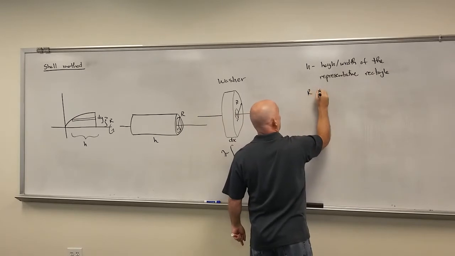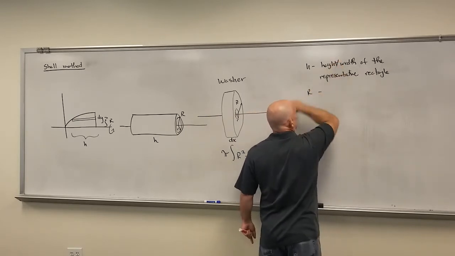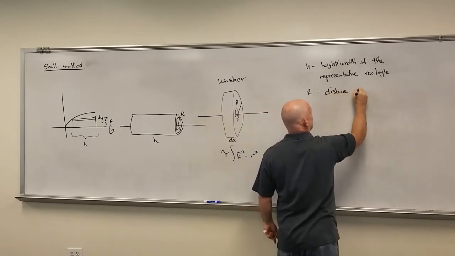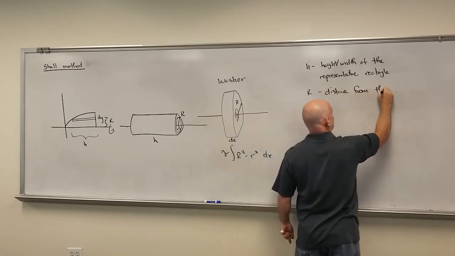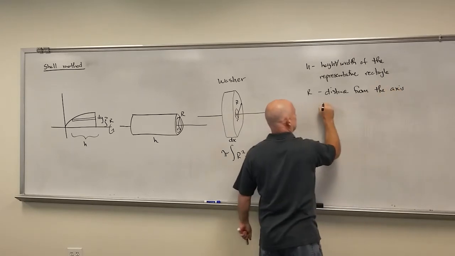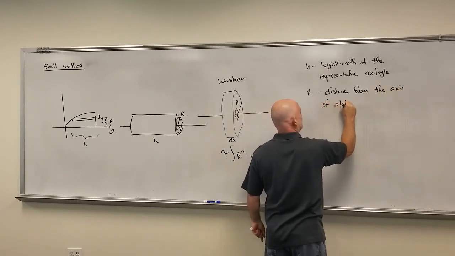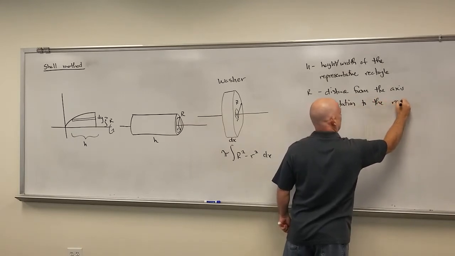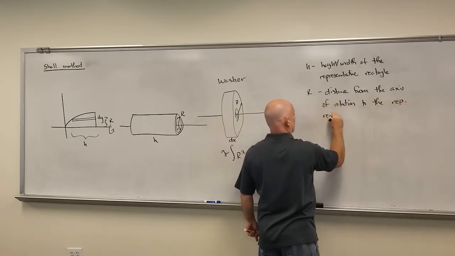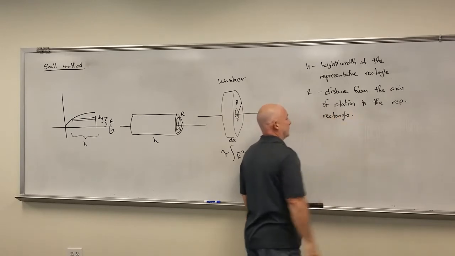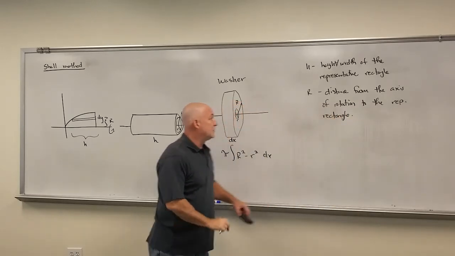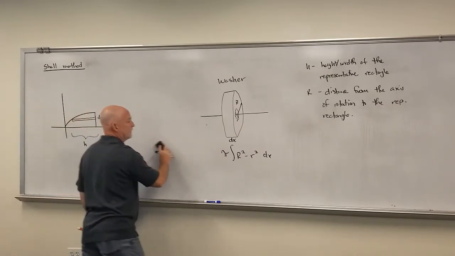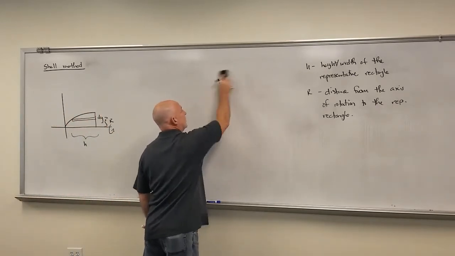And big R is the distance from the axis of rotation to the representative rectangle. All right, so let's actually set up and take a look at something that we did last class, and we'll do it roughly the same way again.